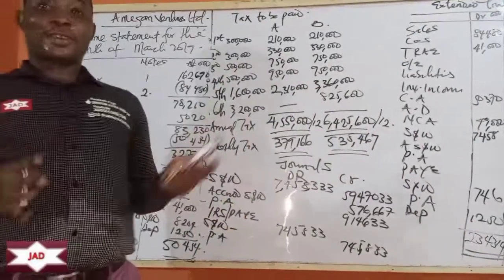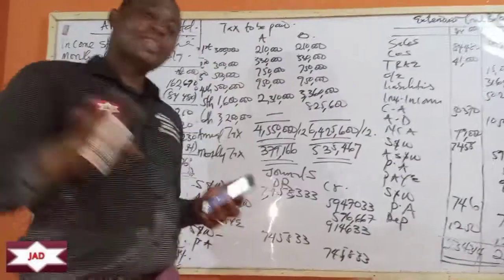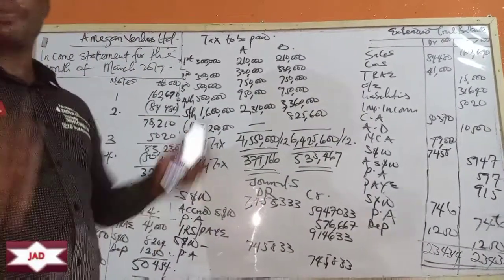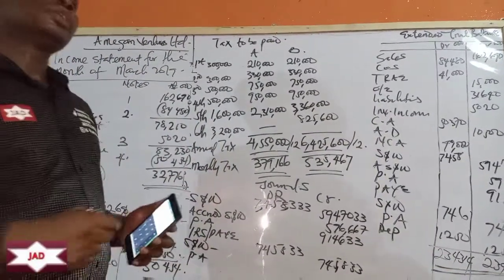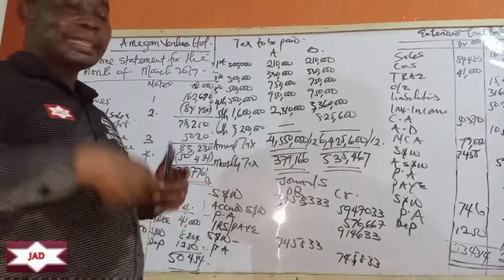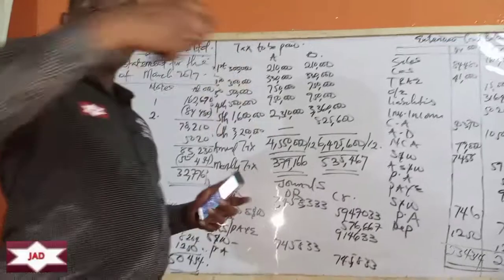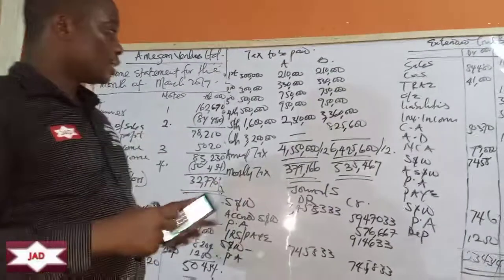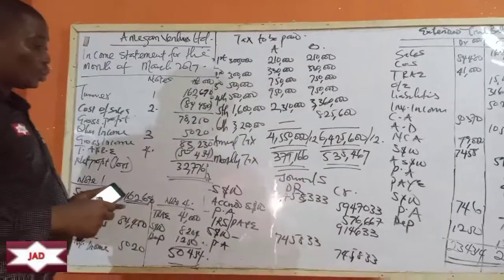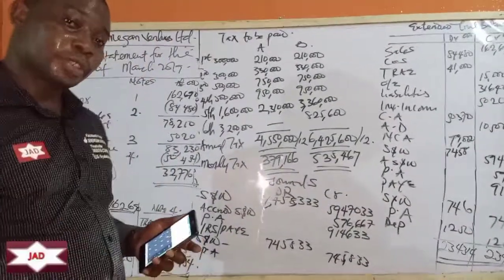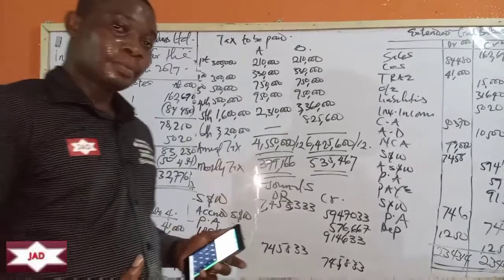Basically, I know it's quite a long class, but it's worth it. What we've done here is learn how to prepare payroll, giving some basic conditions, and then learn how to compute the personal income tax. We also learned how to pass our journals to account for payroll cost.